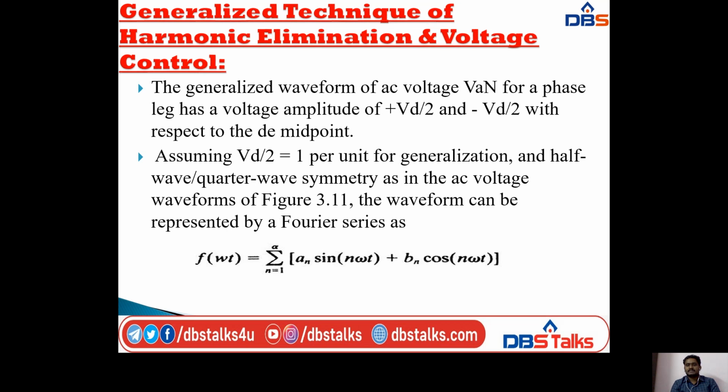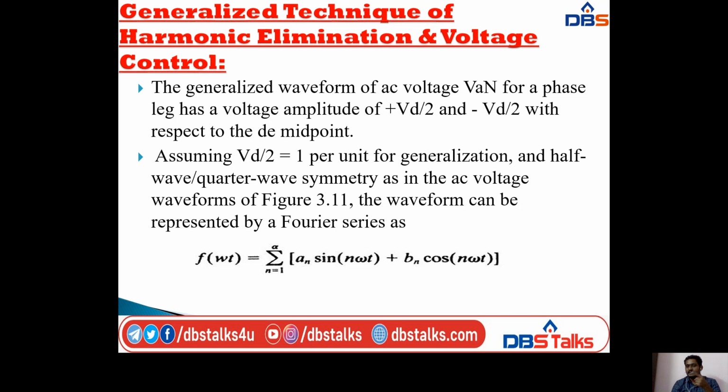Okay, next. So the generalized waveform of AC voltage for a phase leg has a voltage amplitude of plus Vd by 2 and minus Vd by 2 with respect to the DC midpoint. That's why I am taking the voltage with respect to the DC midpoint as VAN, VA capital N, not small n.